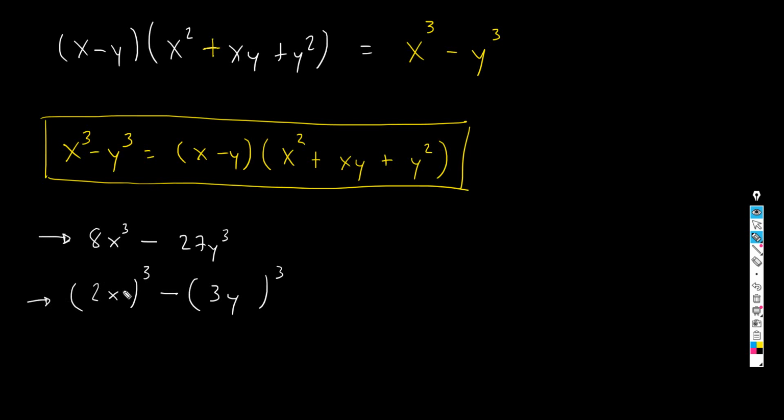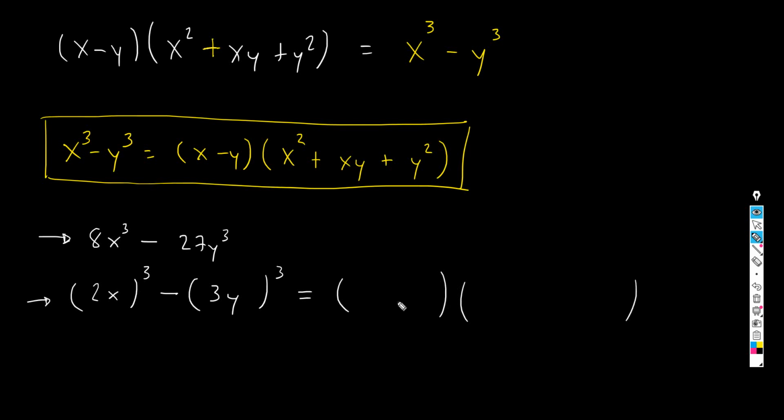This is the difference of the cube of this and the cube of this, and we can now use the formula just as is. So first, I write my two polynomials. This one is going to be a binomial. This one is going to be a trinomial.